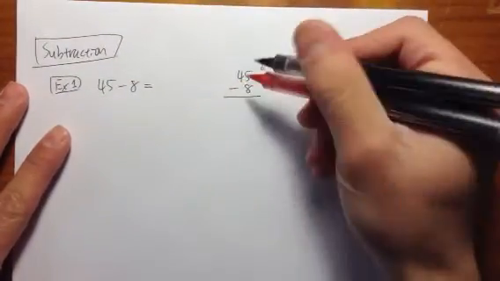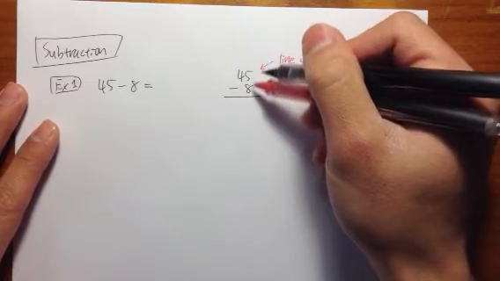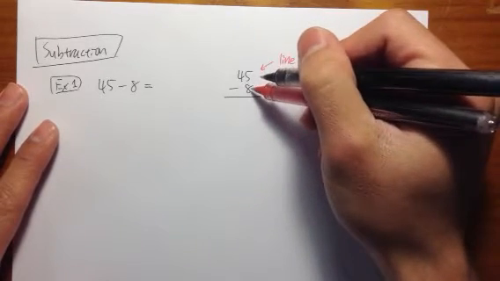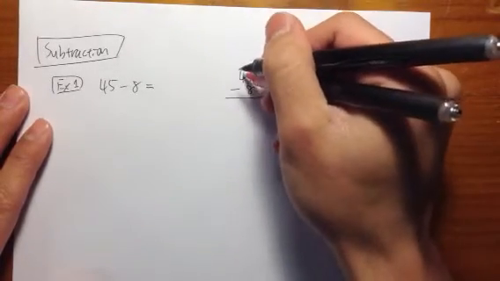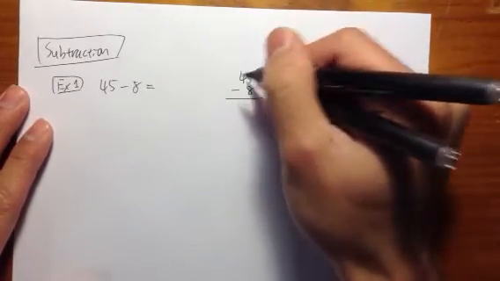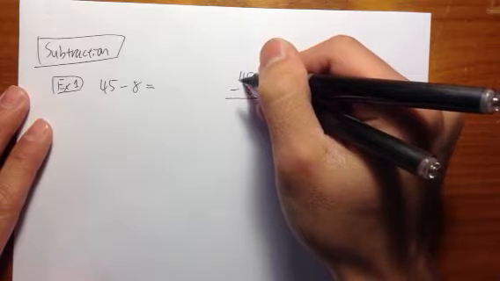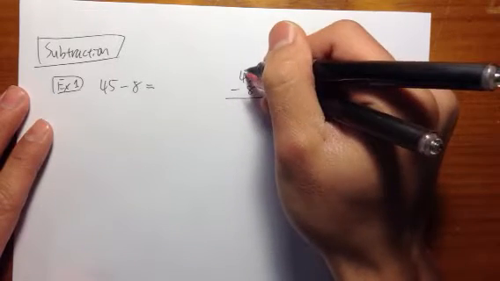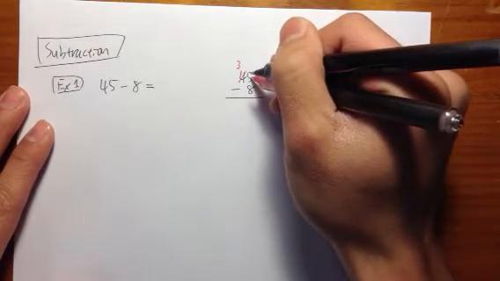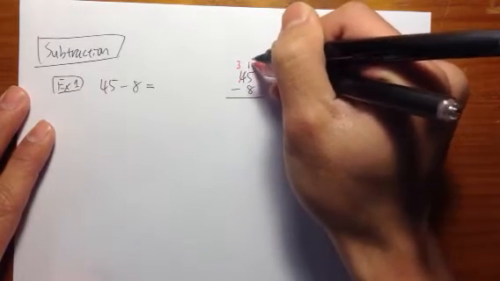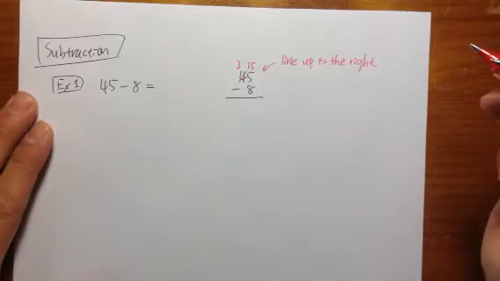So if you look at each digit, each place, 5 minus 8, it's not possible, right? So you have to borrow. So you look at the tens place. I'm going to cross out the 4 and put a 3. And then instead of the 5, I'm going to look at the 5 as 15.